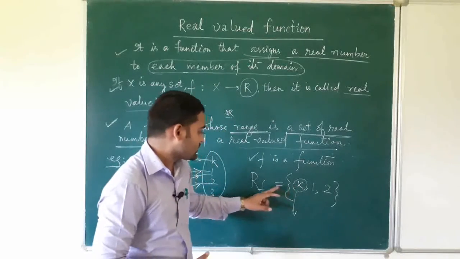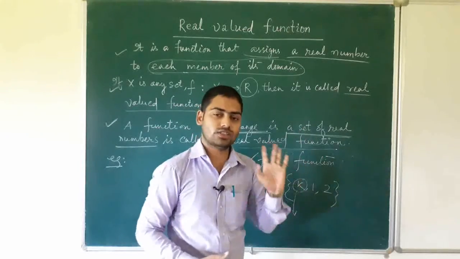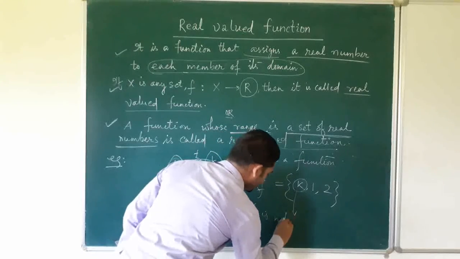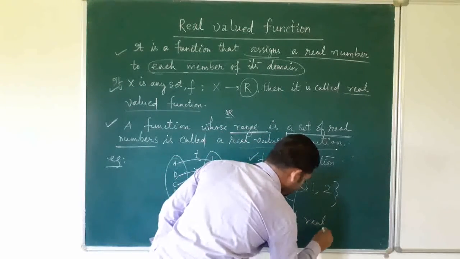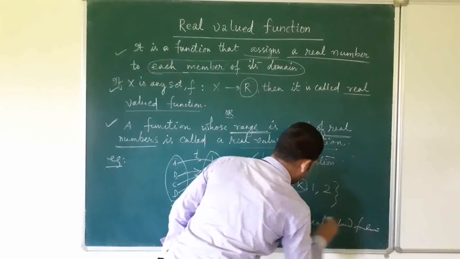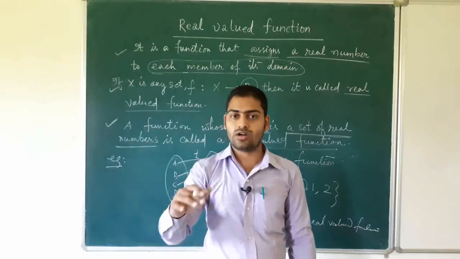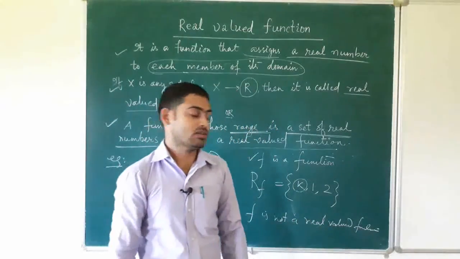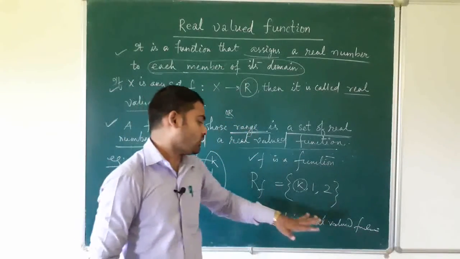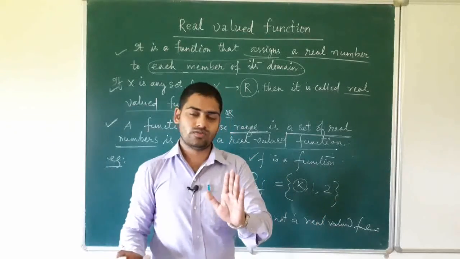So this function f is not a real valued function, because we do not know whether k is a real number, imaginary number, or complex number. We do not know. Understood? So f is not a real valued function. Understood, friend? Thank you for watching this video.